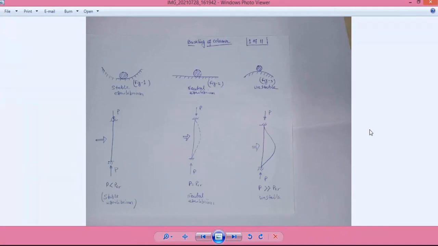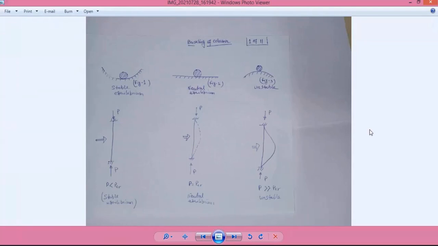And if the compressive force of the column is less than P-critical, after removing the disturbance, it comes to its initial position. That means the buckling load or P-critical is a value which changes the stable equilibrium condition to neutral equilibrium condition.